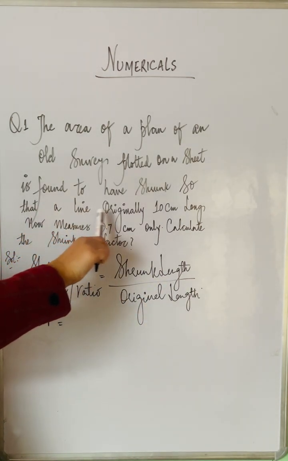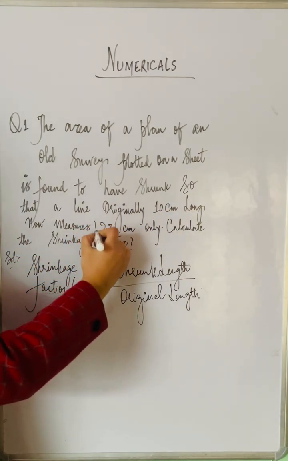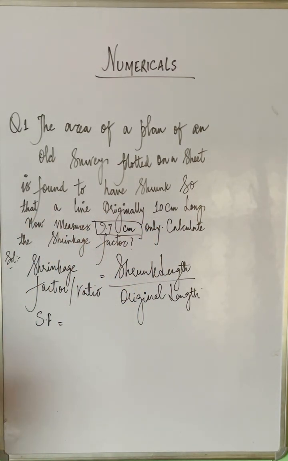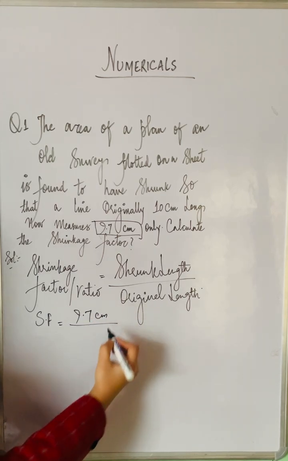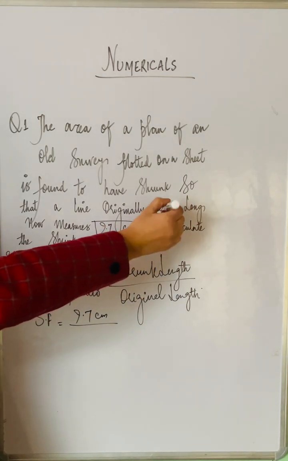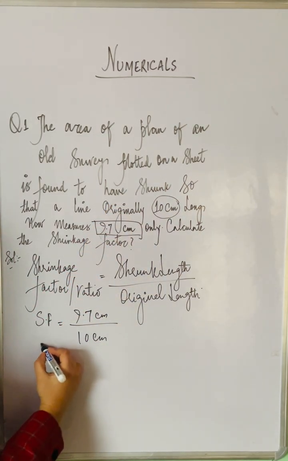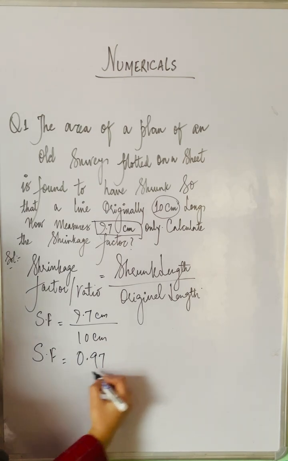A line originally 10 centimeters long now measures 9.7 centimeters only. So this is our shrunk length, 9.7 centimeters. And what is our original length? 10 centimeters. So shrinkage factor will come to 0.97.